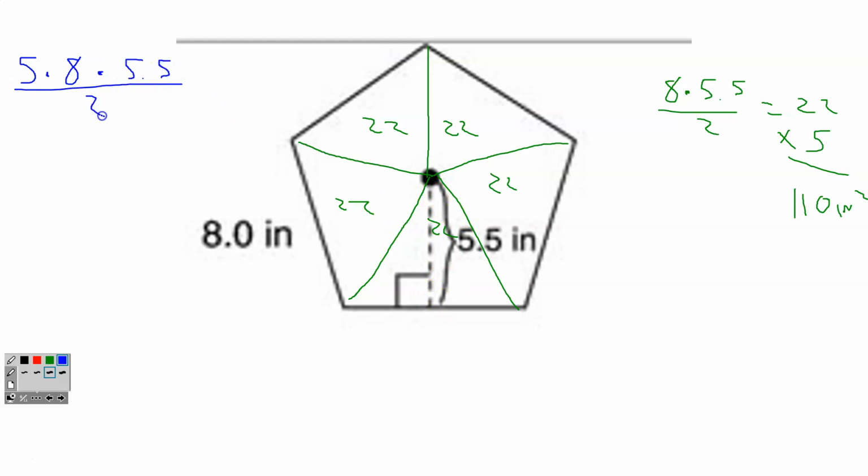And we divide it by 2. So then I can type in my calculator 5 times 8 times 5.5 divided by 2. And that gives me an answer of 110 as well. So notice that our answers are the same regardless of which way we choose to do it. You get to decide which way works best for you.